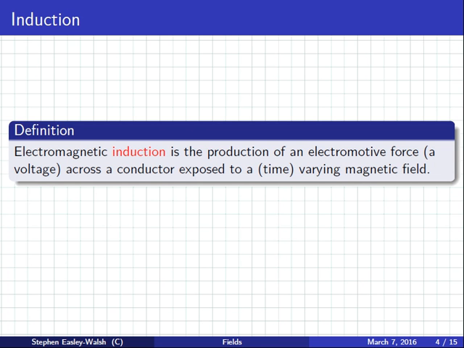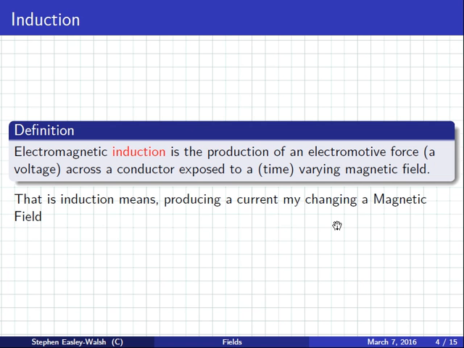So induction means producing a current by changing the magnetic field around the conductor.